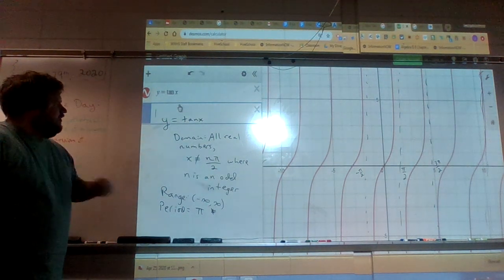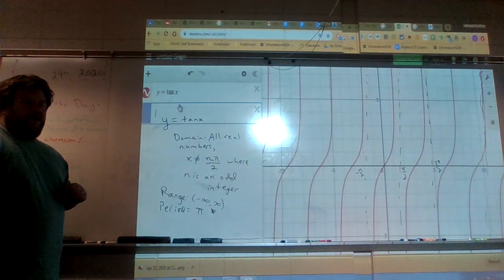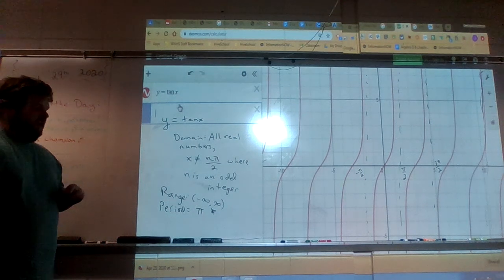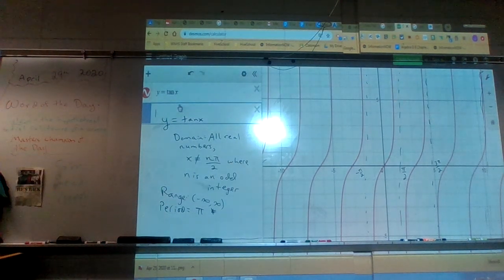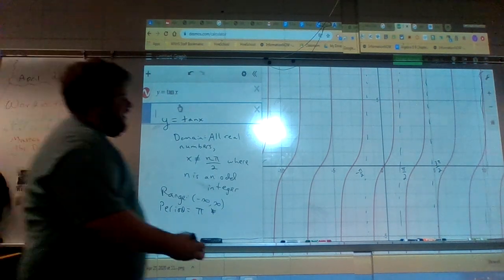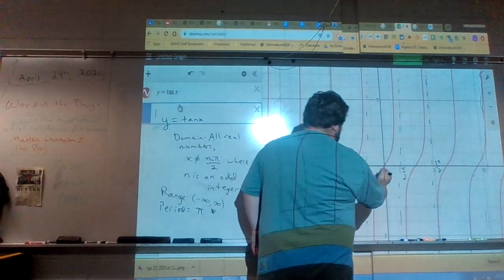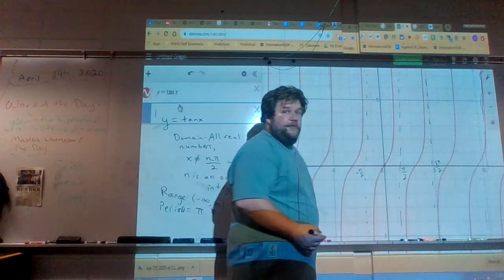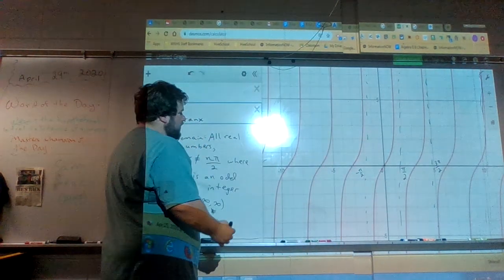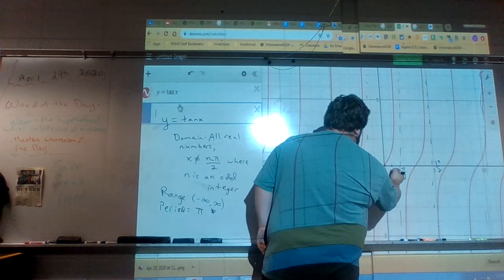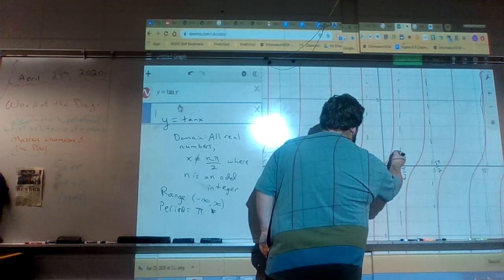So I would try to remember that about the tangent: its domain, range, and period, and just the basic shape of the graph. One way to remember the graph: if you remember 3 points, you've got it. Tangent of 0 is 0. Tangent of pi over 4, or 45 degrees, is 1.